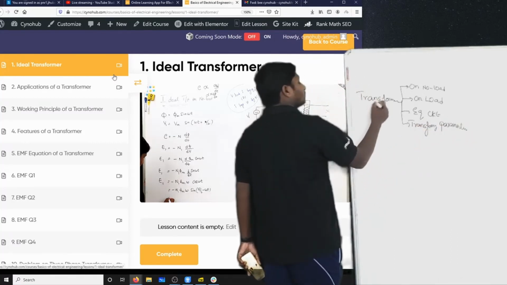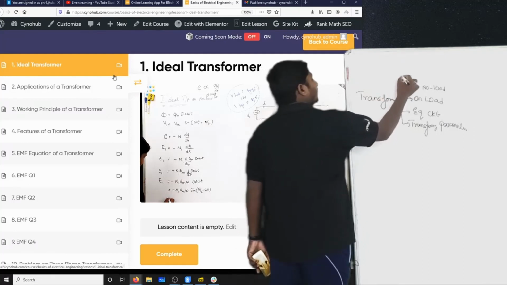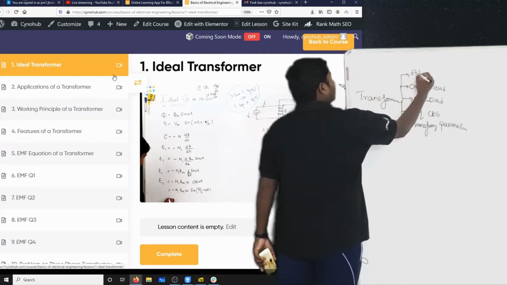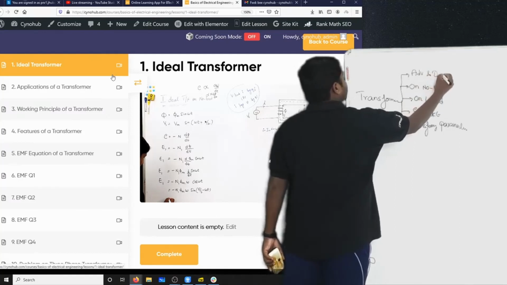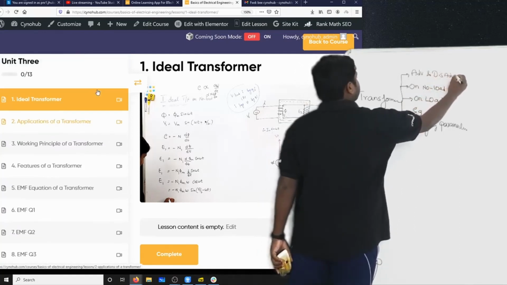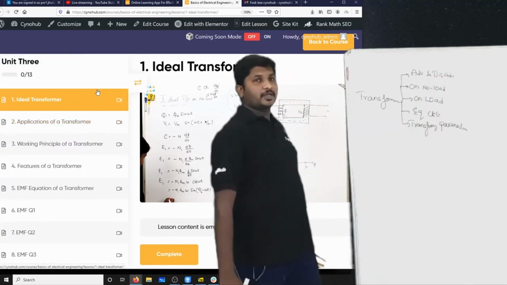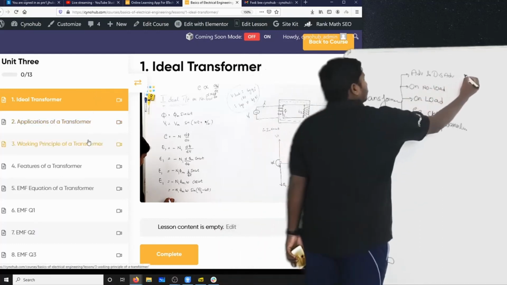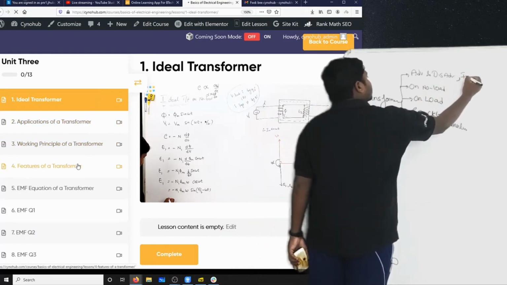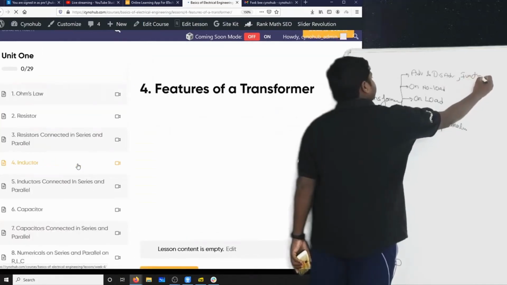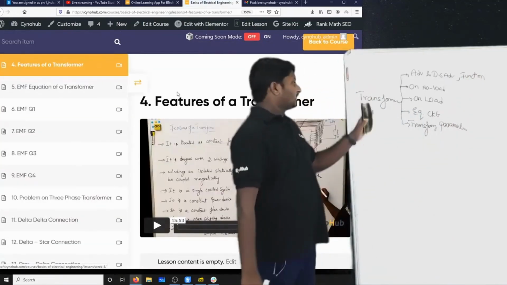Before that, what do you have to know? Transformer, its advantages and disadvantages. Okay, or you have to know its need or its function or its purpose. Okay, this is part 1.